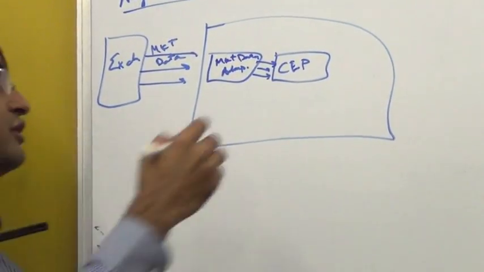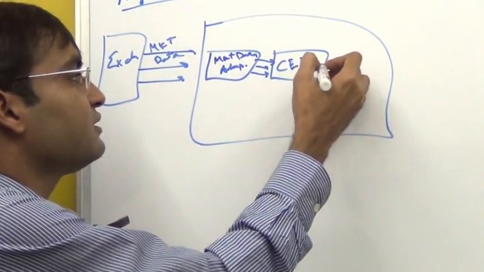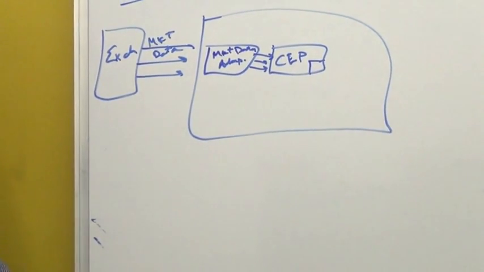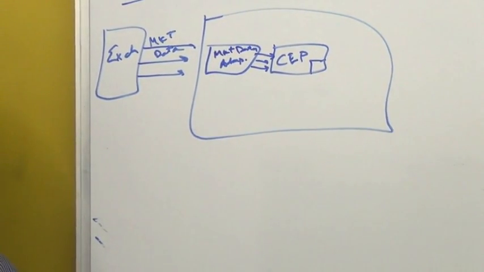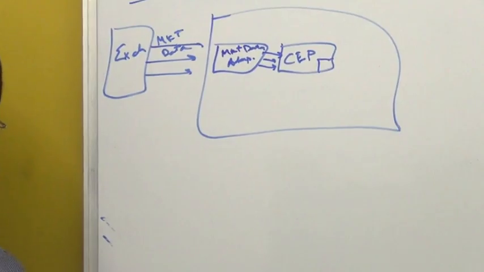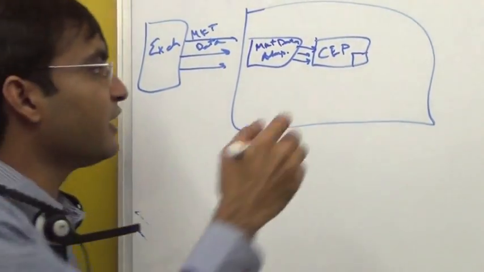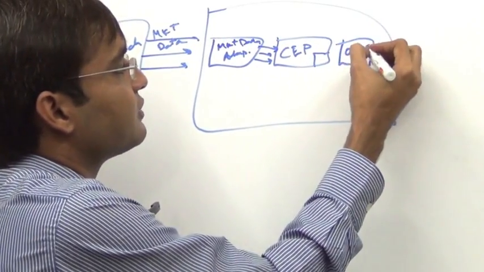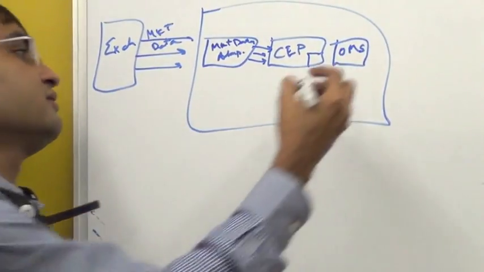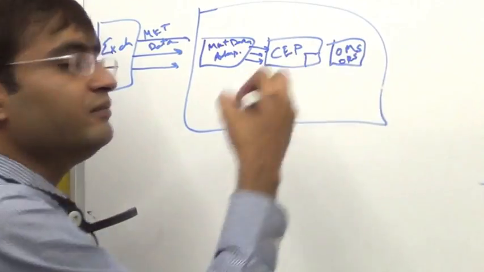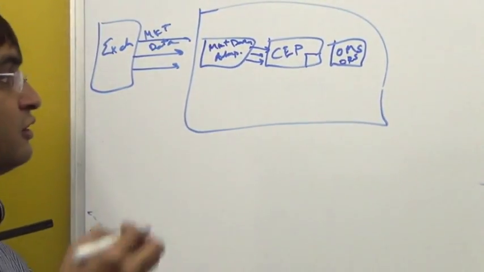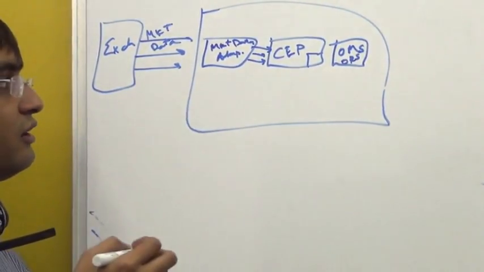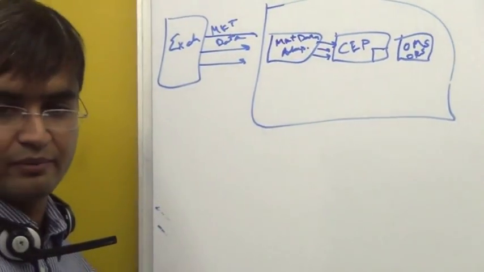Based on the calculation, there will be a part of code where you say: if this is the condition, then send an order of this quantity in this stock or commodity at this price. So you generate an order, and that goes to the OMS, or ORS, whatever you call it, order routing system or order management system. That is where your order routing adapter sits.